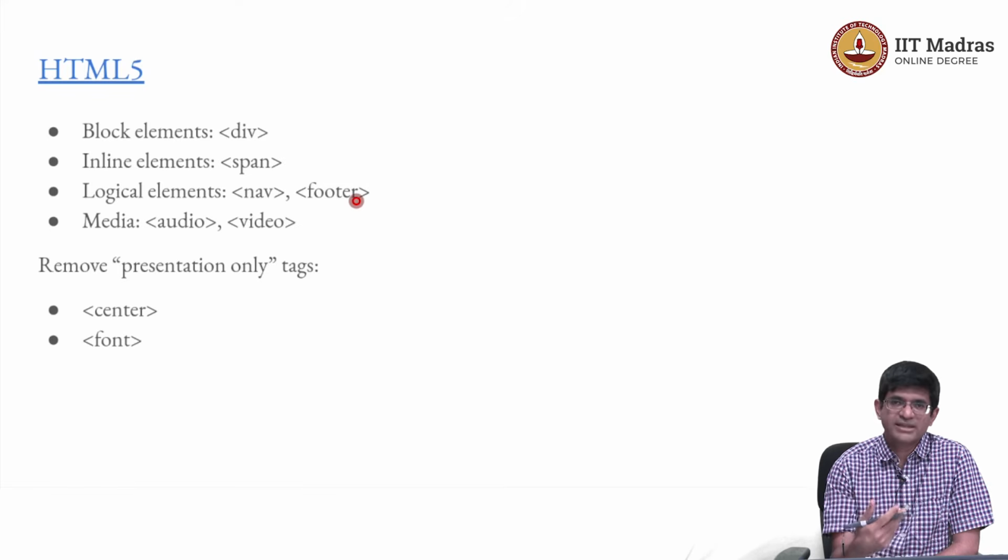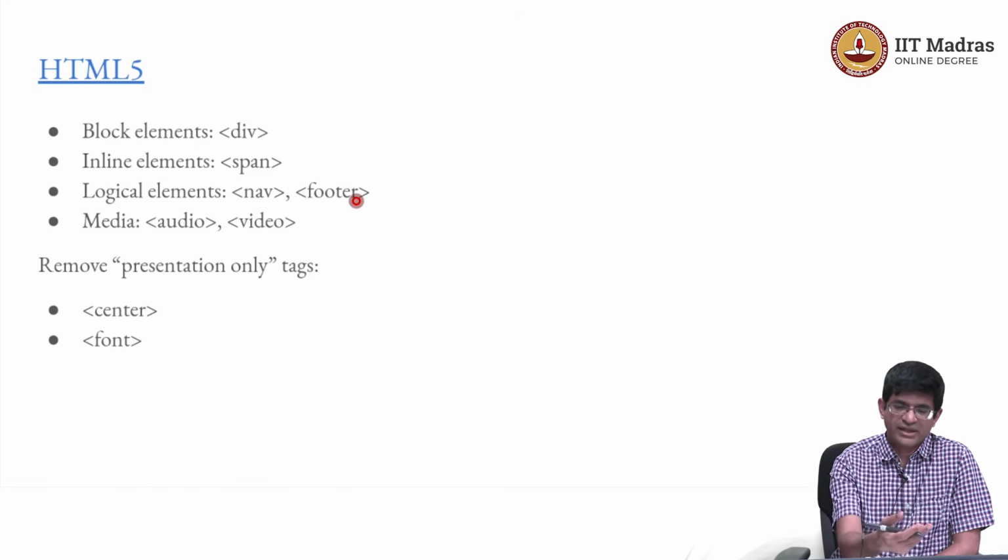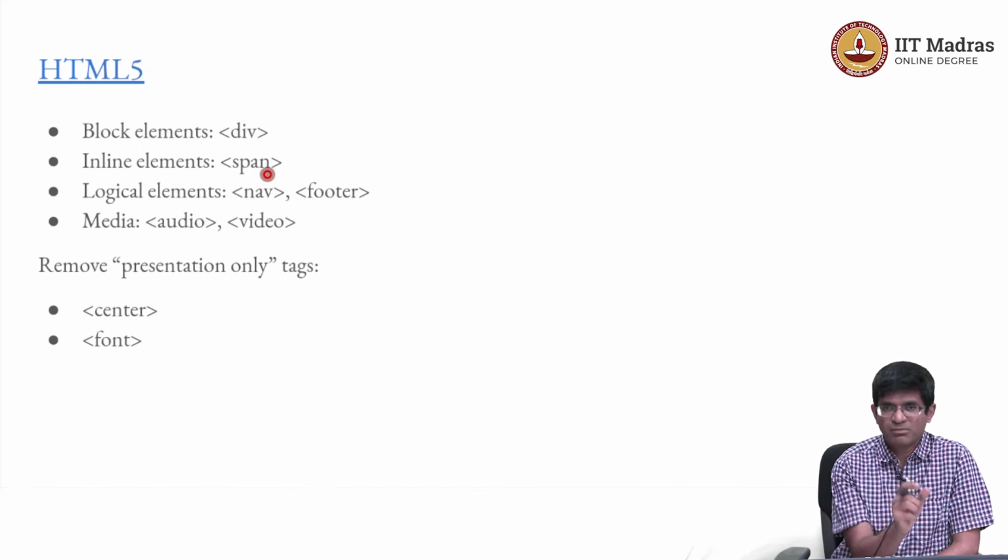Is there still a way they can interact with this website? And there are screen readers, things that will take the text that is on the screen and read it out to you. Now if this text is just one big blob of text, it becomes very difficult for a screen reader to work properly. But if you have used nav tags and footers and the divs and spans properly, the screen reader can actually do a very good job of finding out which is the important part.